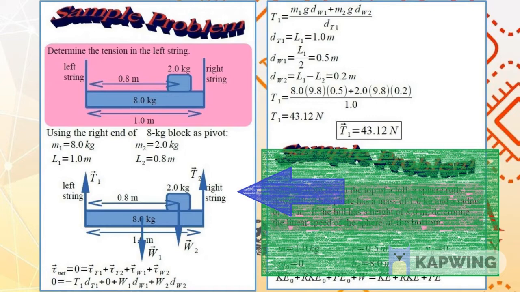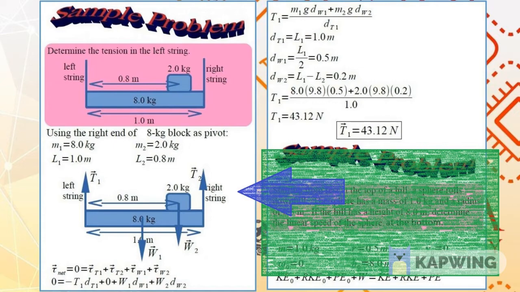Tension in the left string, let it be T1, and the tension in the right string, let that be T2. The system is just suspended in place. It is static. So static case or static equilibrium. The system is in a state of equilibrium, therefore the net torque is equal to 0.